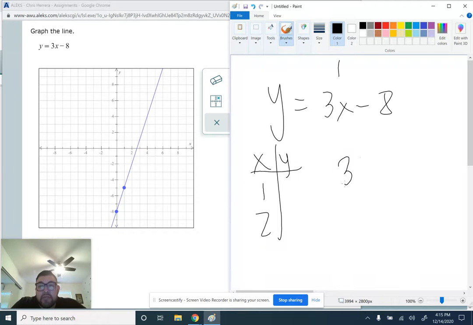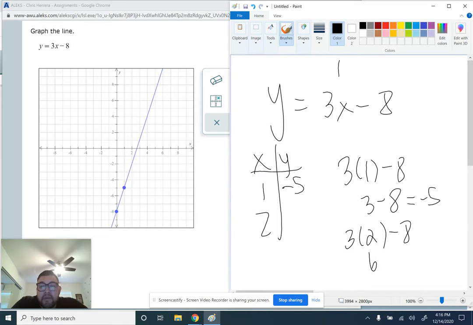We would plug those 2 points in. And after we do that, we would get our first point. And after we choose our second point, we would plot these 2 points. And then we would draw a line through them, and that's how we graph it.